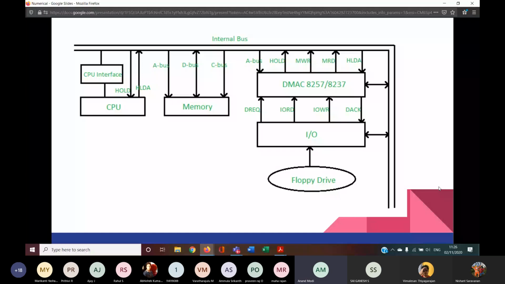The CPU acknowledges that hold request and sends it back. Then the DMAC acknowledges that hold request and sends it to the input-output interface, and then the entire process starts where the input-output device is allowed to read or write, and it is done through buses, as you can see, the A bus, D bus, and C bus.